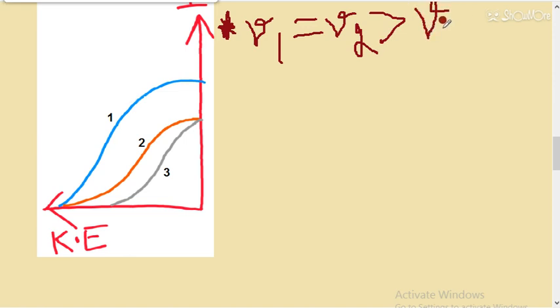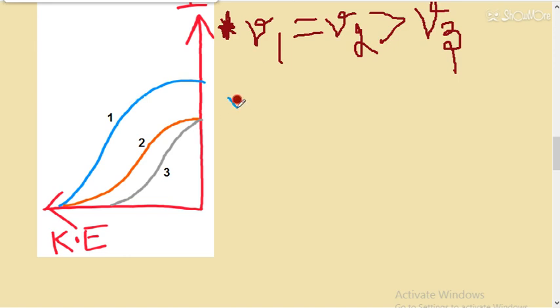Mu3 will be the smallest frequency because it has the minimum kinetic energy. So this will be the relation mu1 equal to mu2 greater than mu3. So this will be the relation for the given question.